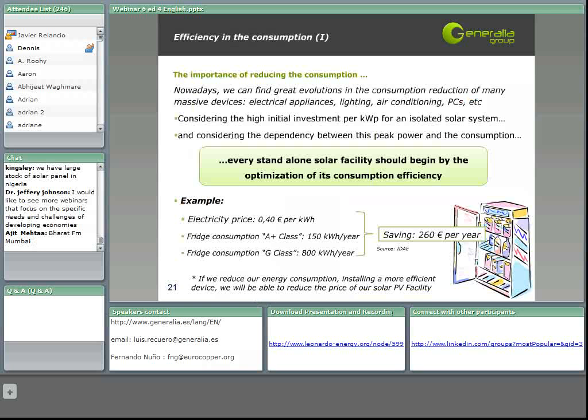This is one of the reasons why some of the inverters also included a charger, as we saw in the slide for inverters.